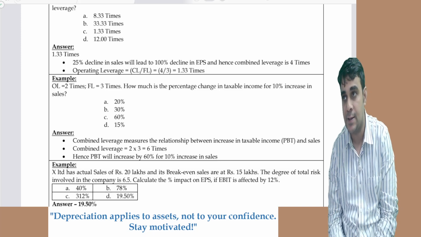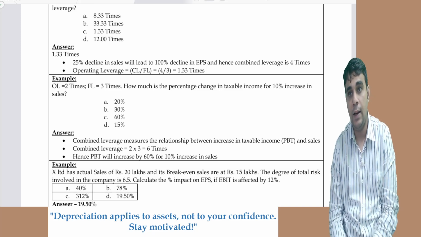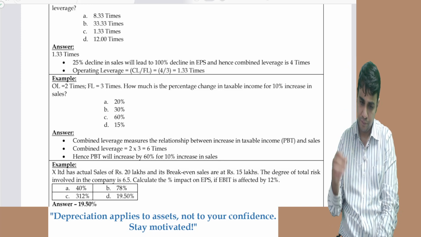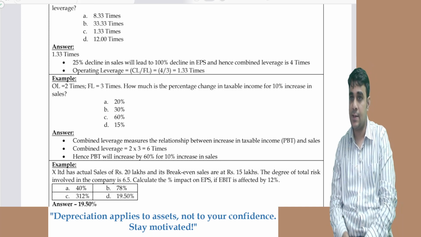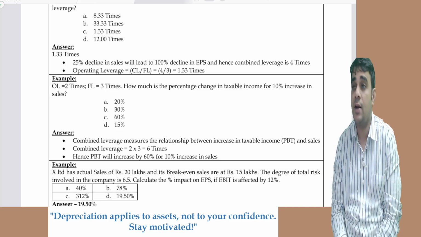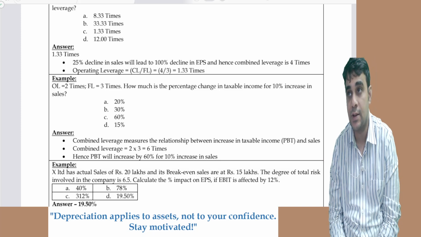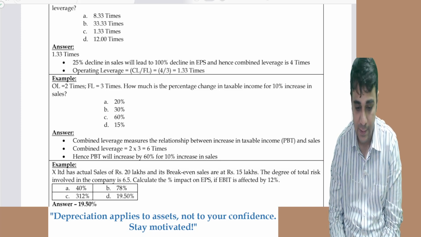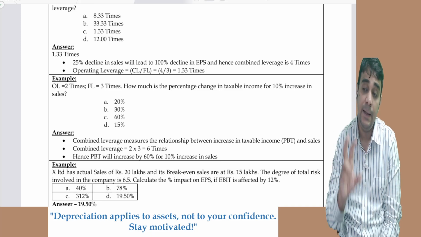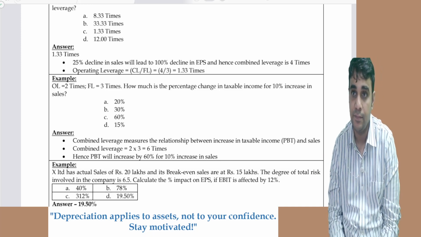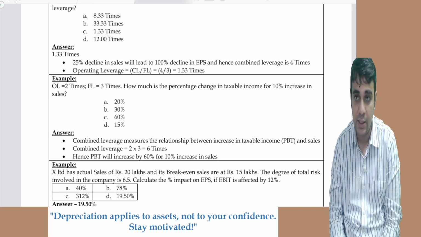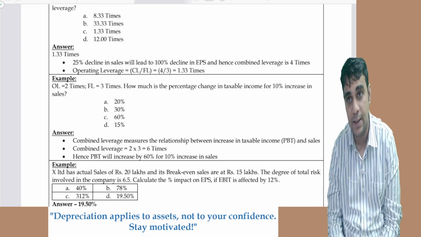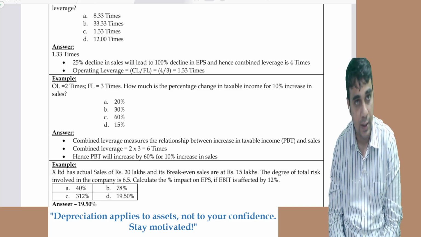Total risk means combined leverage, which is 6.5. Which leverage links EPS and EBIT? Financial leverage.